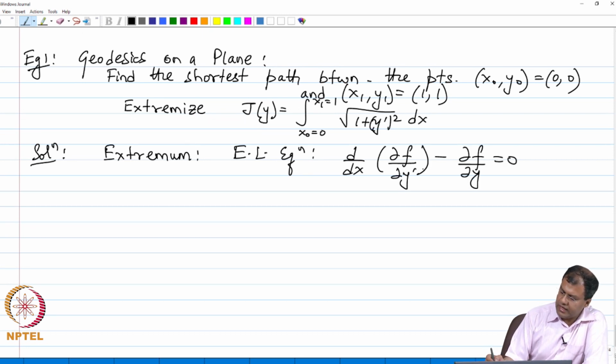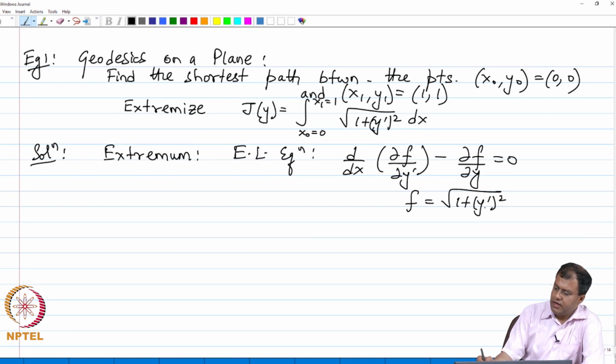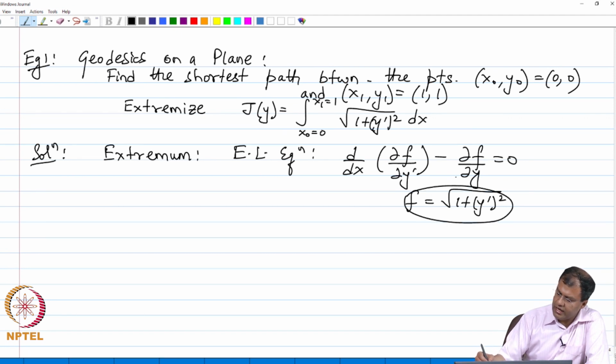Here f is the integrand square root of 1 plus y prime square. We see that f is independent of y, f is only a function of y prime, which means I can say for certain that the partial derivative of f with respect to y is 0, because there is no y appearing in this function.